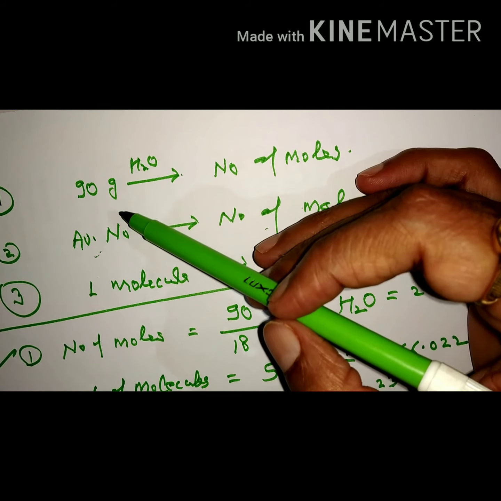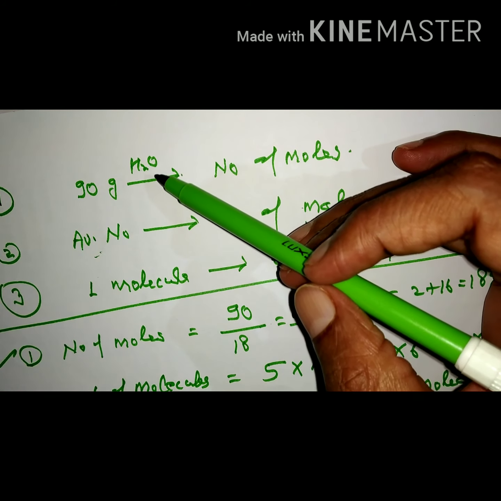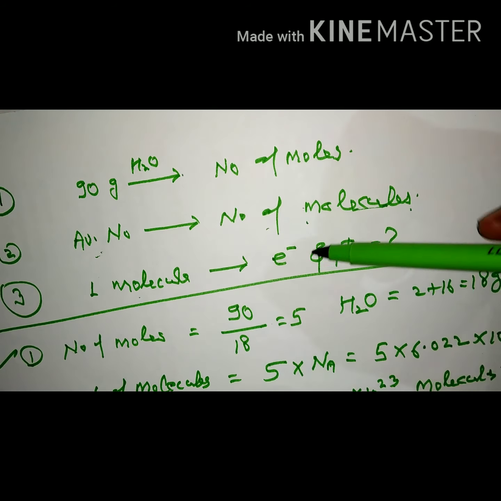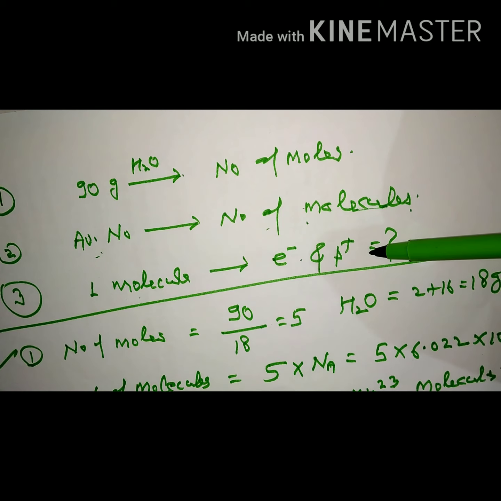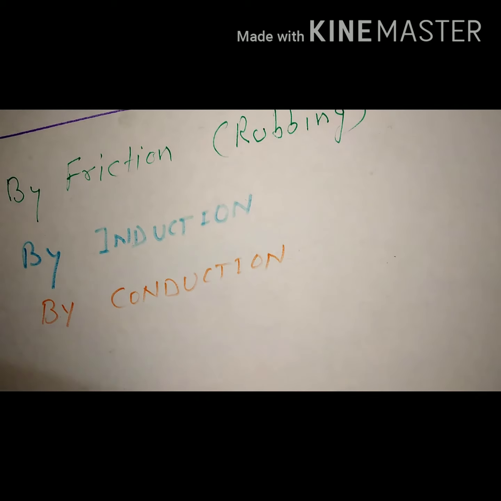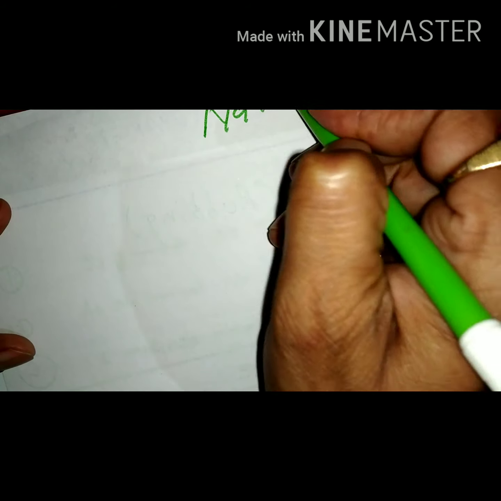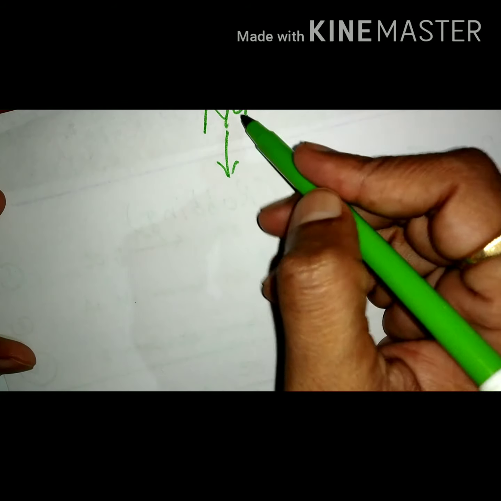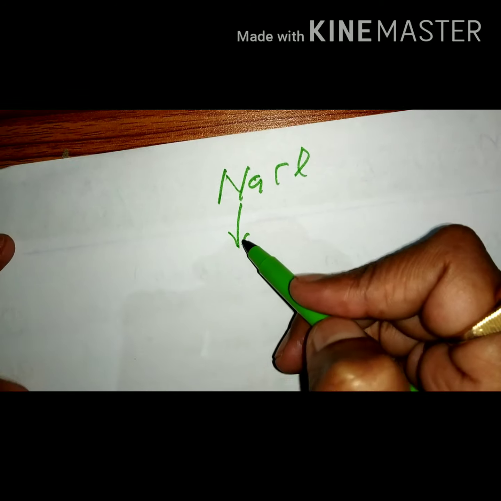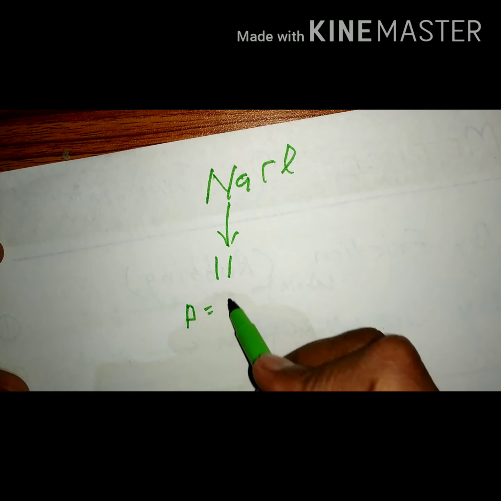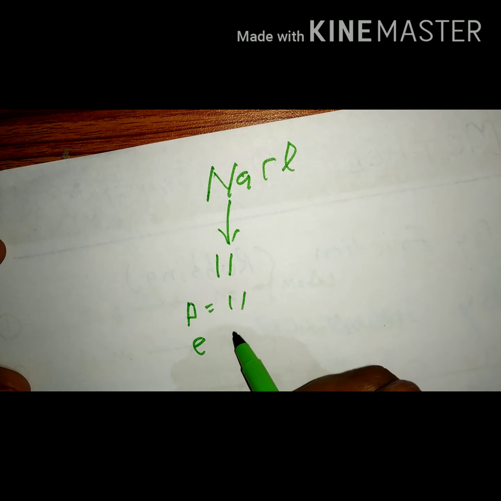Had it been NaCl, common salt, in place of H2O, the number of electrons and protons in one molecule will change. If NaCl, sodium atomic number is 11, so there are 11 protons and 11 electrons.